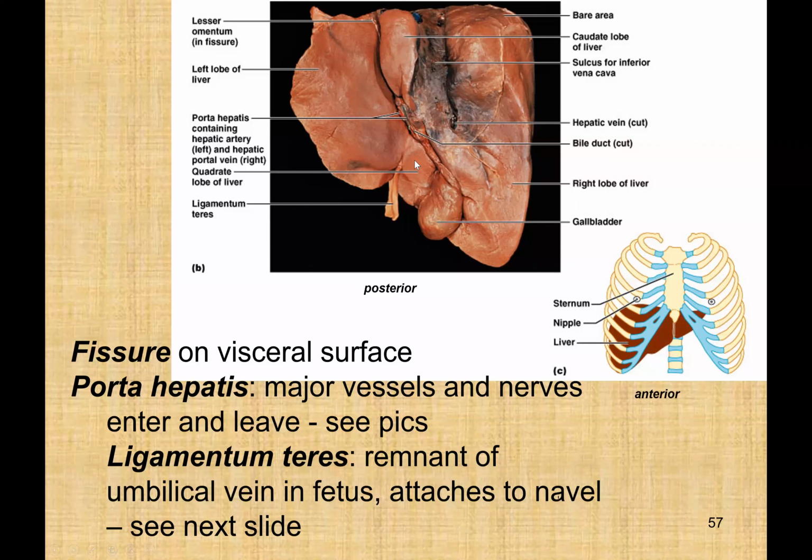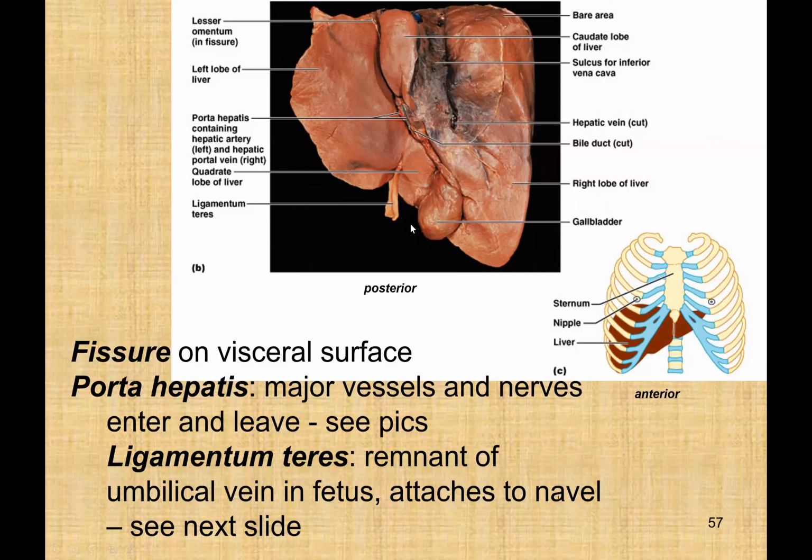The ligamentum teres is between the left and the quadrate lobe. And then you can see the lesser omentum from the stomach. This is just to show how you can start counting the ribs and how they are associated with the organs.